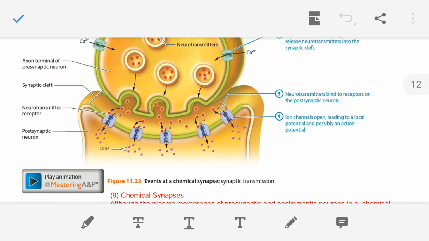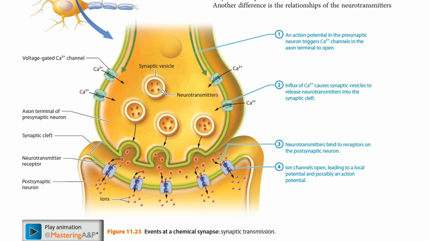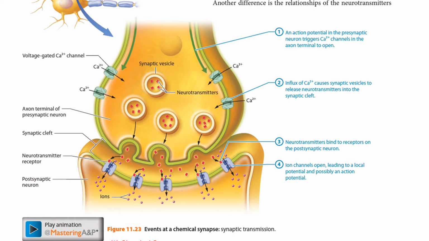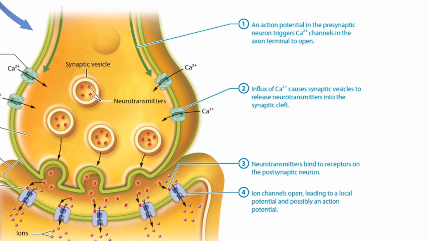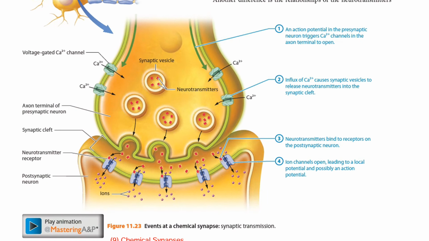First, observe this figure. This figure is showing events at a chemical synapse. With the points 1, 2, 3, 4, they have shown the events that take place at the chemical synapse.